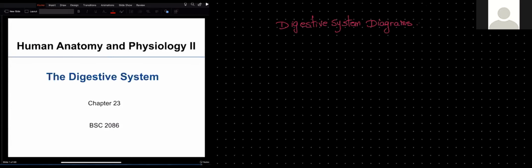So our lecture today is going to be focusing mainly on the digestive system diagrams, which are going to be important for the upcoming exam, which consists mainly of the anatomy of the digestive system.